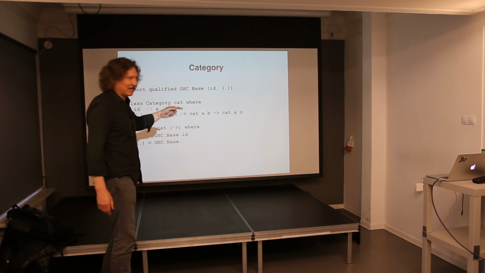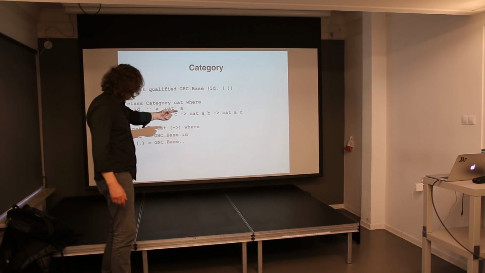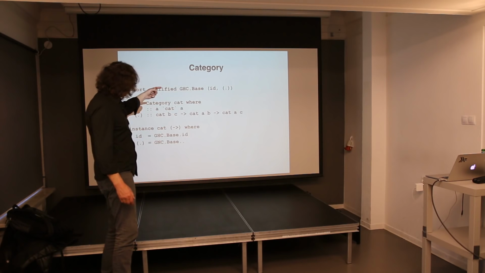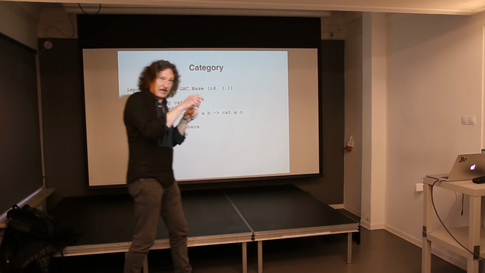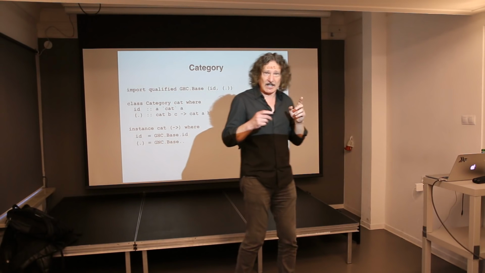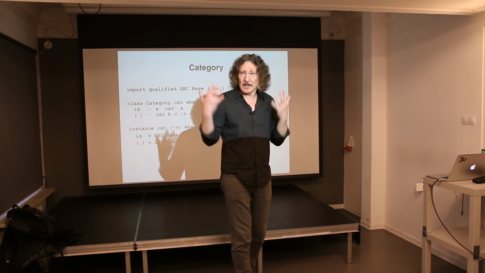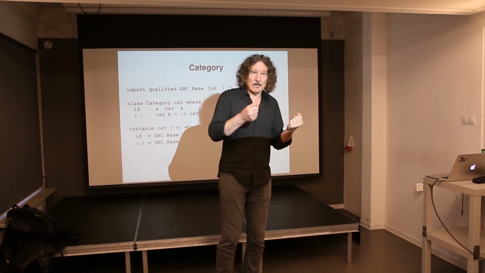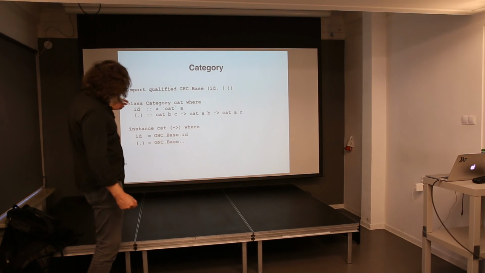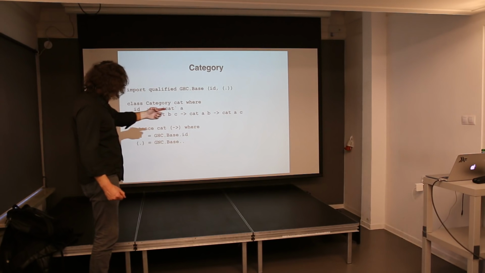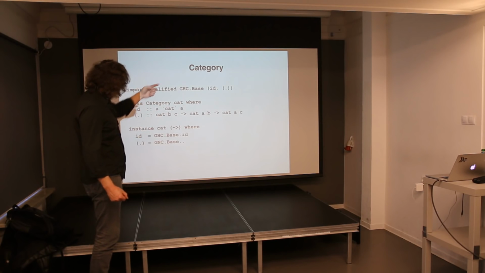Okay, instance, sorry, this here should be category, okay? So it's an instance of this class category for this operator, the arrow operator, which is just a type constructor for function type, right? It takes two arguments, which are two types, and says, okay, I'm a function from A to B, right? So in order to show that functions form a category, I have to define ID, right?